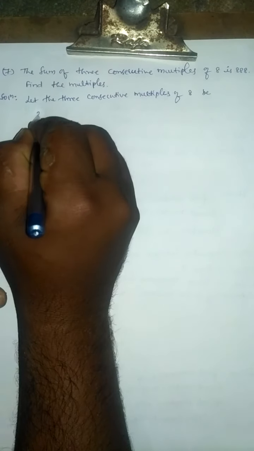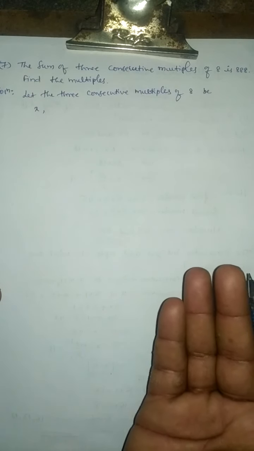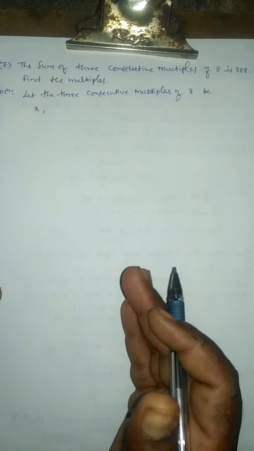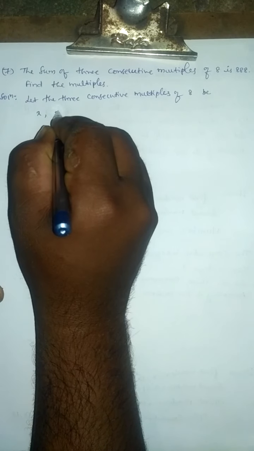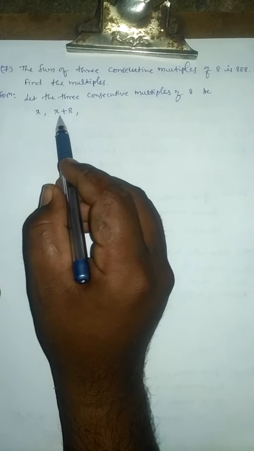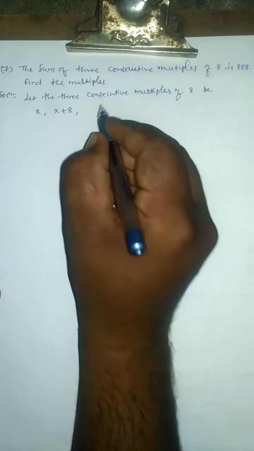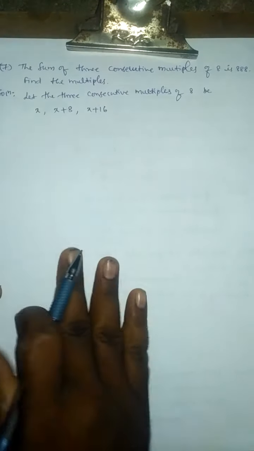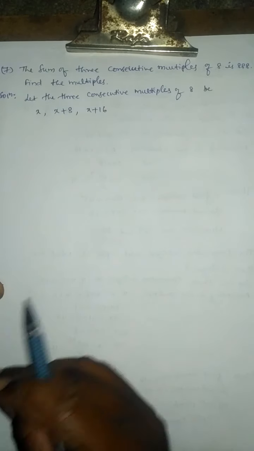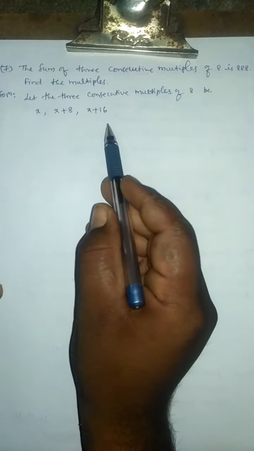First multiple is x. Second multiple will be 8 greater than the previous number. For that reason, second multiple is x plus 8. And third multiple is again 8 greater than the previous multiple. Previous multiple is x plus 8. So if we add again 8 to this term, what happens? It will become x plus 16. It means the 3 multiples of 8 are x, x plus 8 and x plus 16.